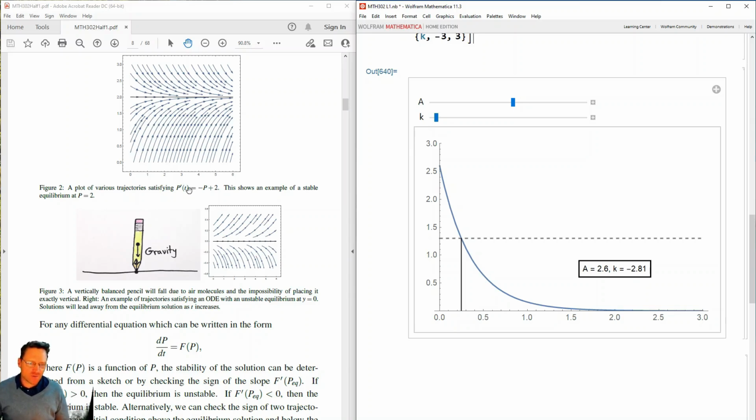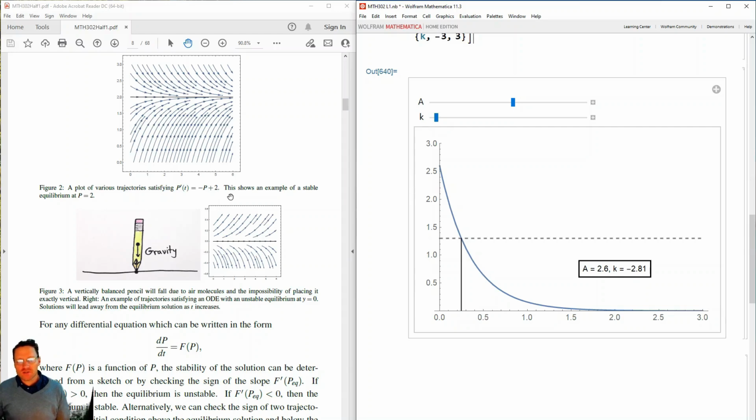Right? So if you check this one here, p dash of t is equal to minus p plus 2. The equilibrium there is p equals 2, but you can see if p is equal to 2, and we differentiate, so the derivative of p is equal to 0, okay, so that satisfies this differential equation because we have 0 on the left and minus 2 plus 2 on the right, so 0 equals 0, and hence it satisfies that.